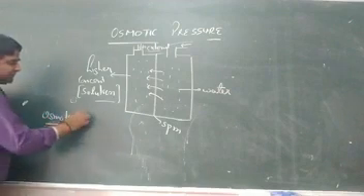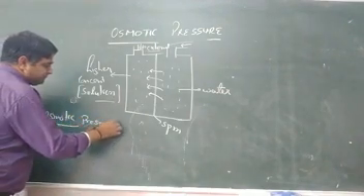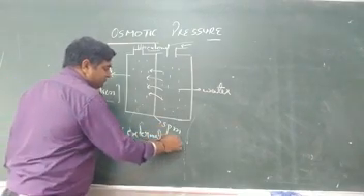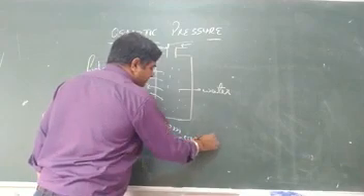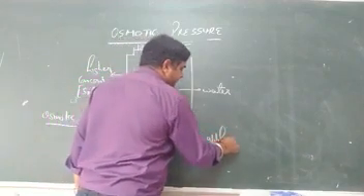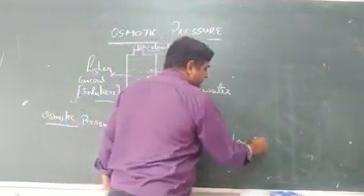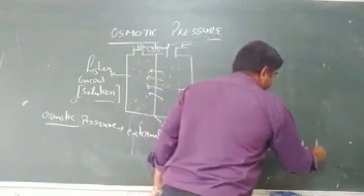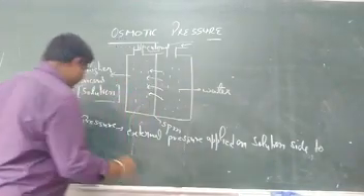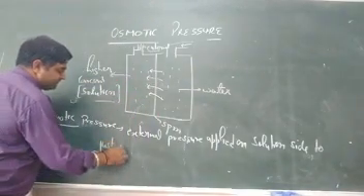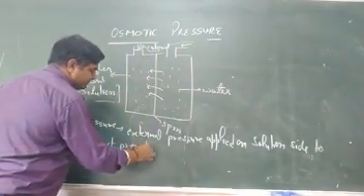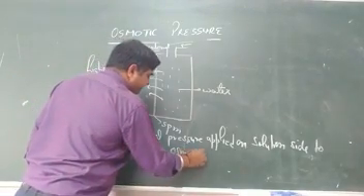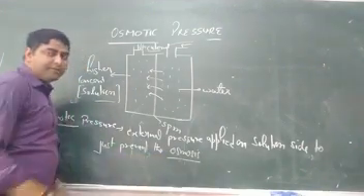Osmotic pressure is the external pressure applied from the solution side to just prevent the osmosis. This is called osmotic pressure.